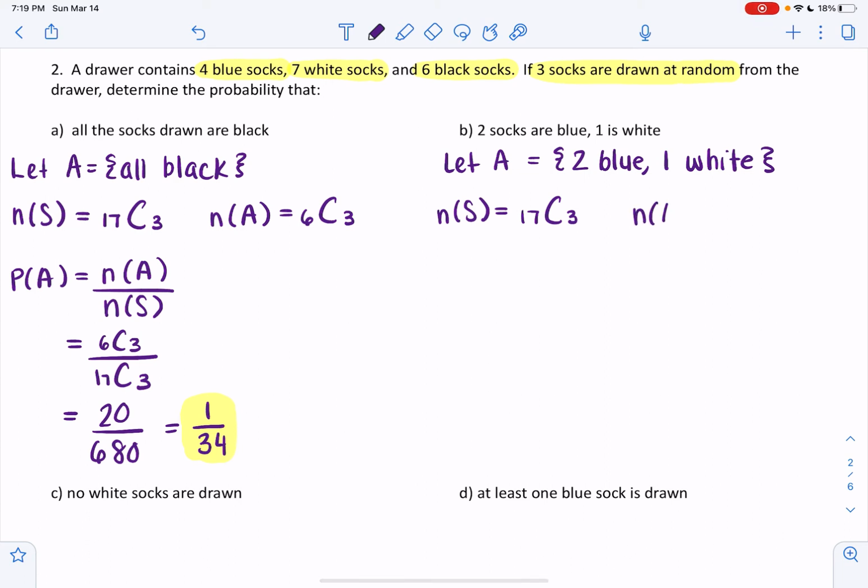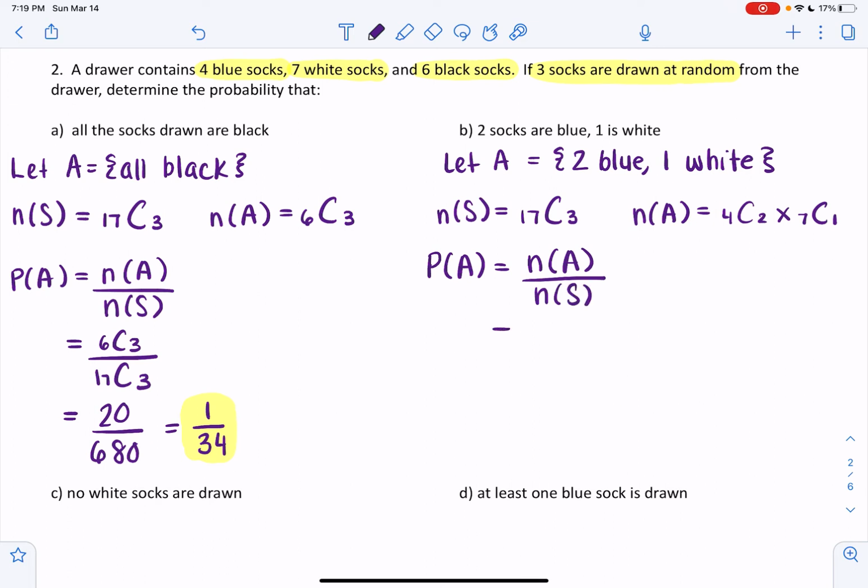Now for the number of elements in our event space, or the number of ways A can happen, we want 2 blue and 1 white. So out of our 4 blue socks, we're going to choose 2. And so we multiply. Out of our 7 white socks, we're going to choose 1. So now that I have that, I can find my probability of event A, which is the number of ways A can happen, divided by my total number of outcomes.